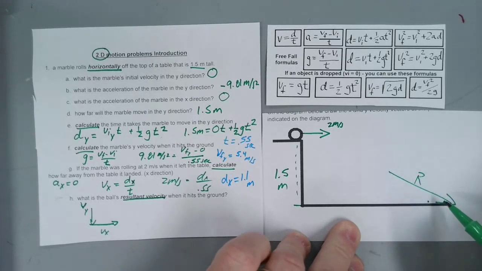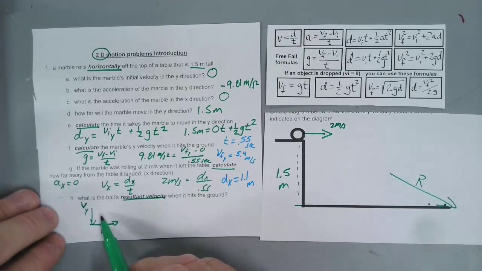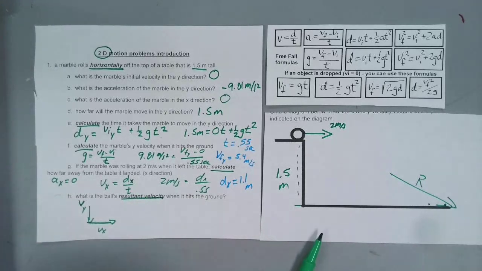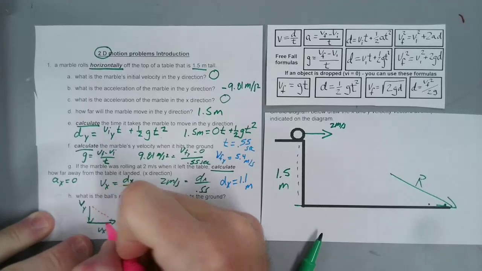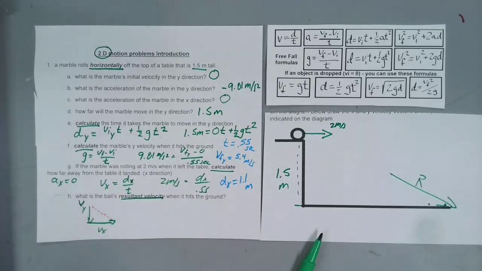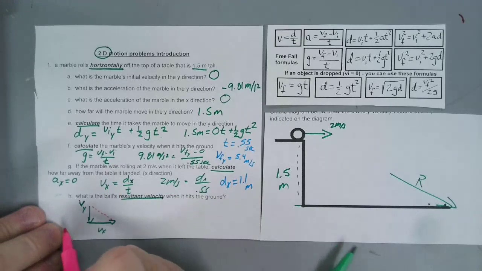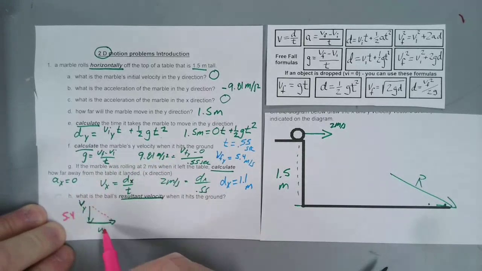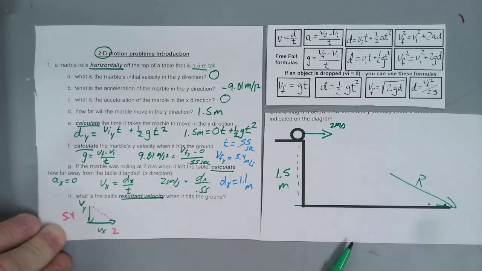The question, what is that value? Well, this now becomes a Pythagorean theorem type of situation because we've got a right triangle, because the x and the y work at a right angle to one another. We know the Vy when it hit was 5.4. We know the Vx was 2.